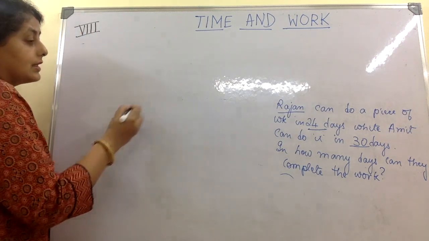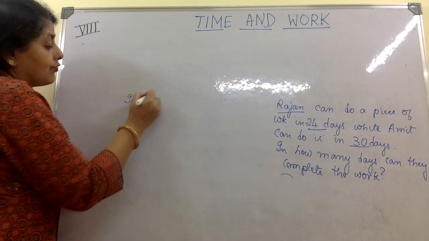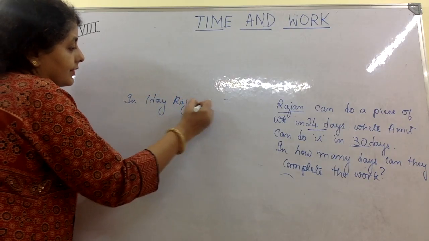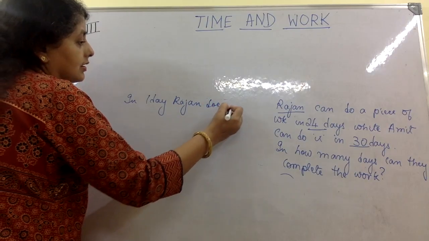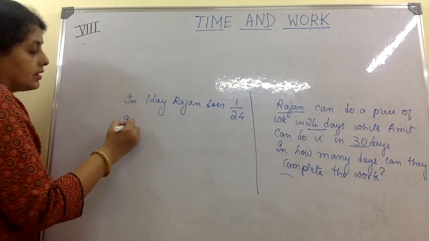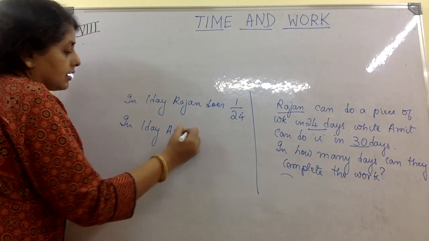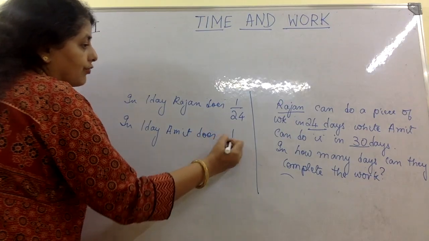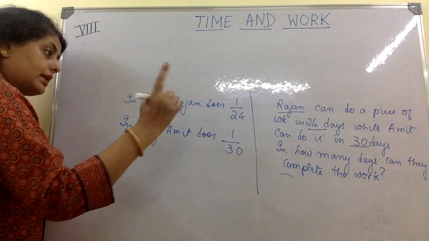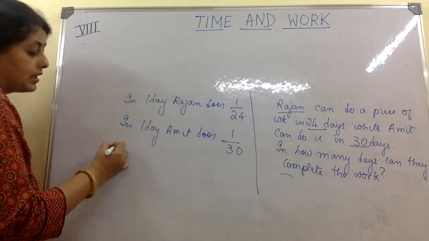So here, Rajan can do a piece of work in 24 days. In 1 day, Rajan does how much? Rajan does 1 by 24th of the work. In 1 day, Amit does 1 by 30th of the work. Together, these are the fractions of the same work they do in 1 day.